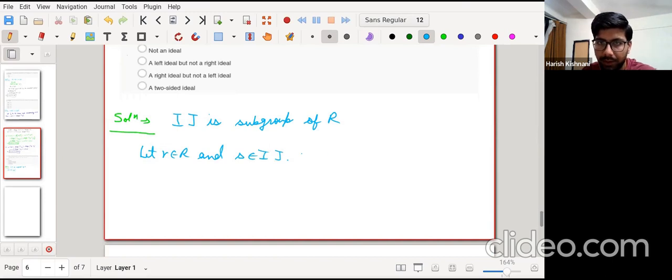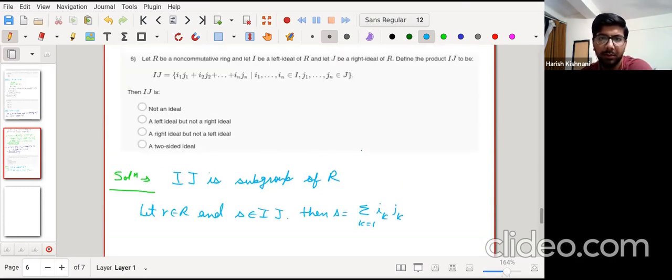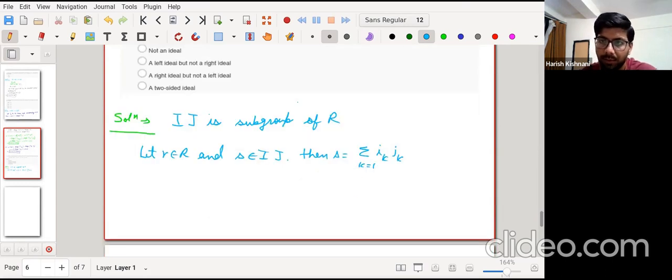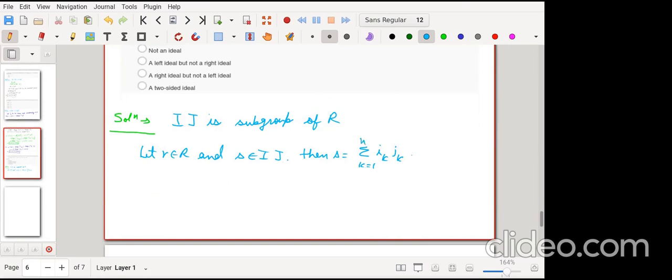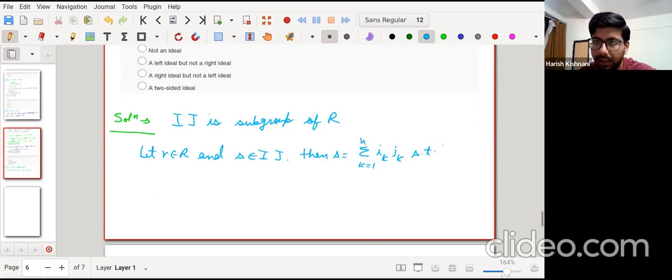Then s has to be of this form, summation of i_k j_k, k from 1 to n, such that your i_k's are inside I and your j_k's are inside J.